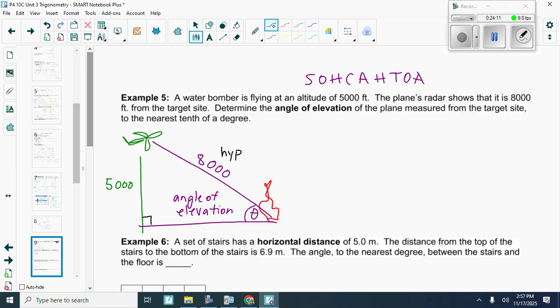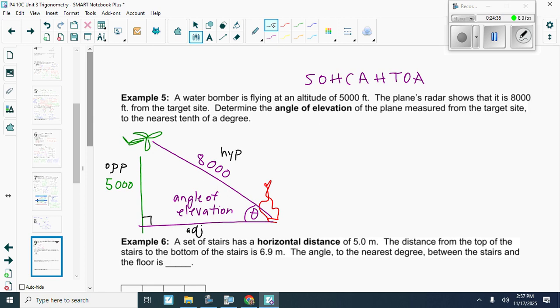From my angle of elevation, across the triangle, is the opposite side. In this case, the ground is the adjacent side. I don't know anything about the ground, I don't have any distances, so I'm interested in opposite and hypotenuse.